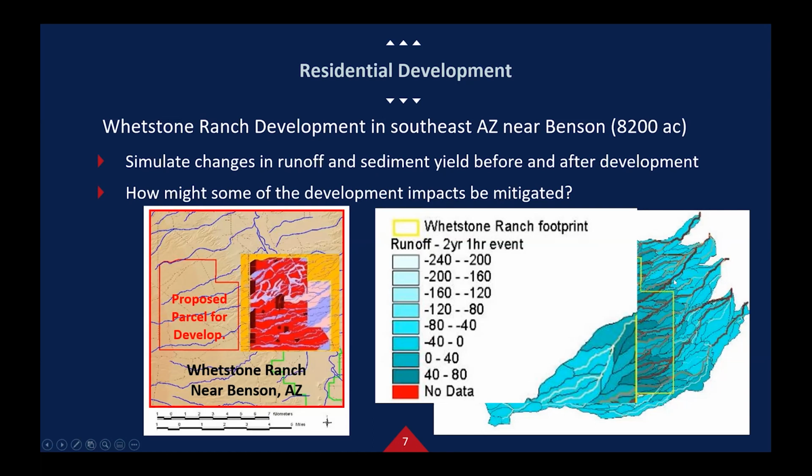And you can see down channel of that development, we saw higher runoff rates, as well as higher runoff volumes. You can see the change in colors from very light to very dark. So again, we're seeing an impact of development. We're incorporating the change within the watershed, in this case a proposed development.